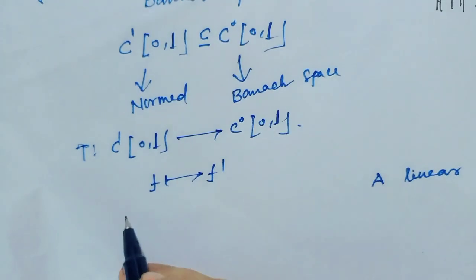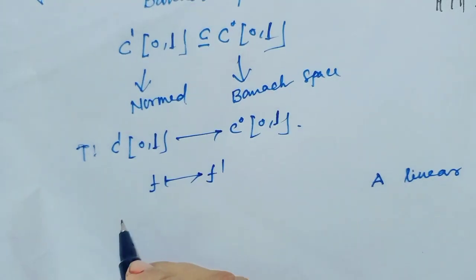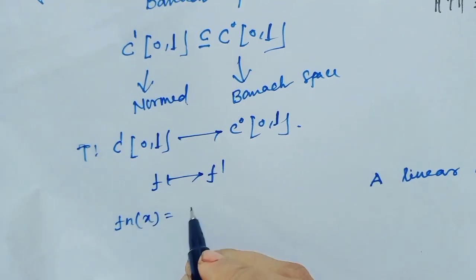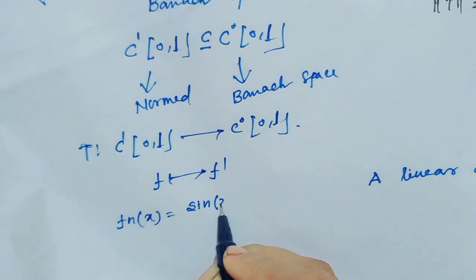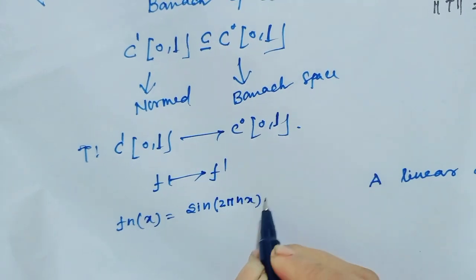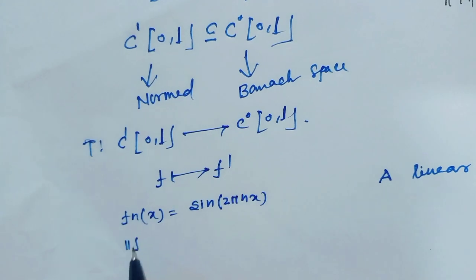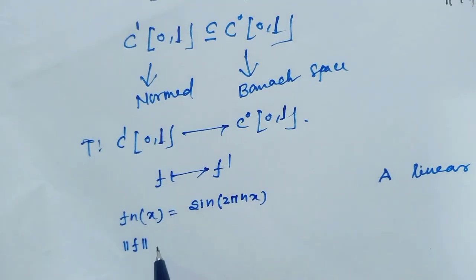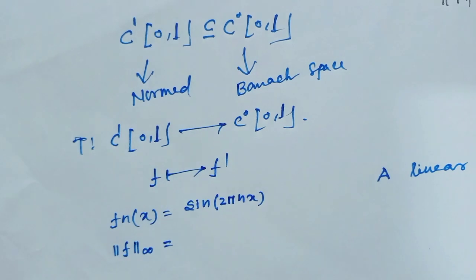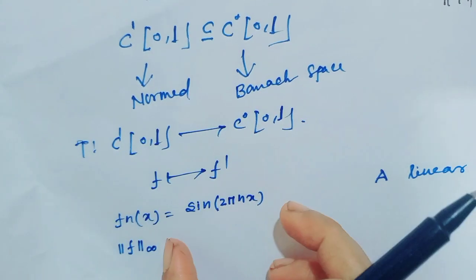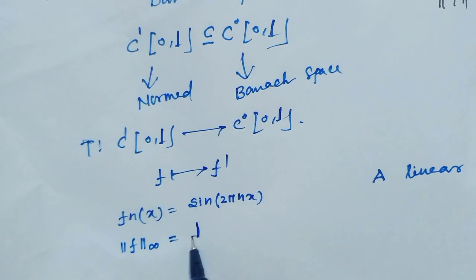For this, consider a sequence f_n(x) equal to sin(2 pi n x). Therefore, the norm of f_n with respect to the sup norm on the interval [0, 1], this supremum value is 1.